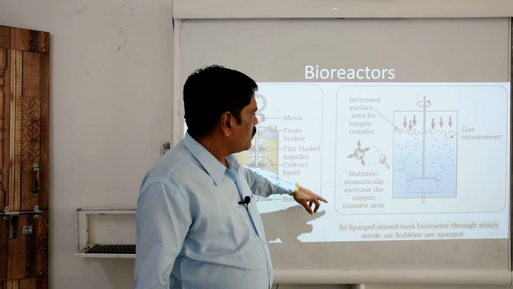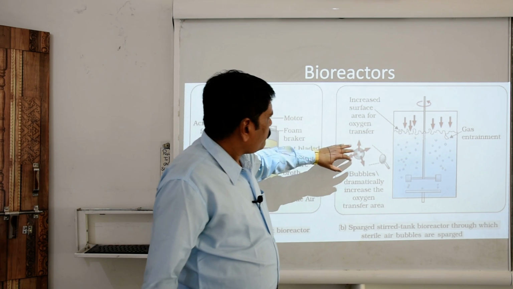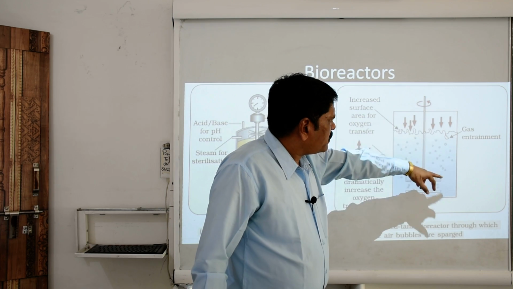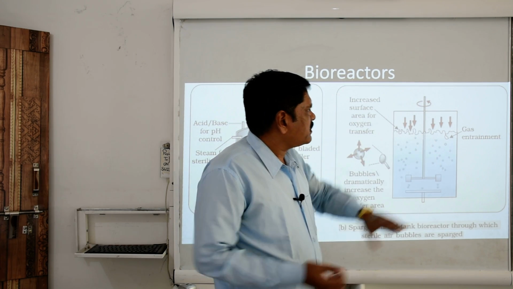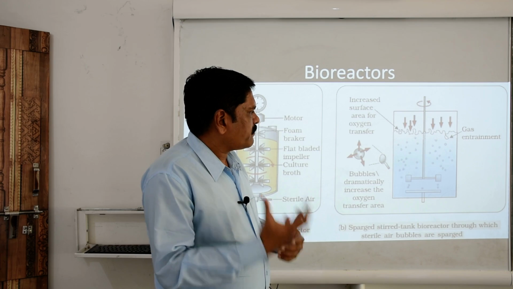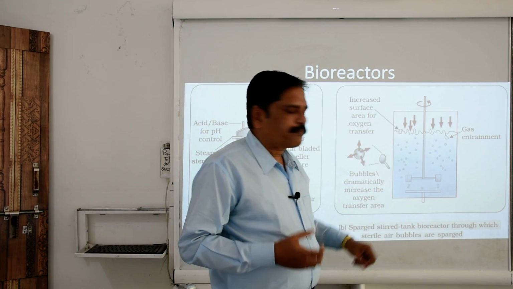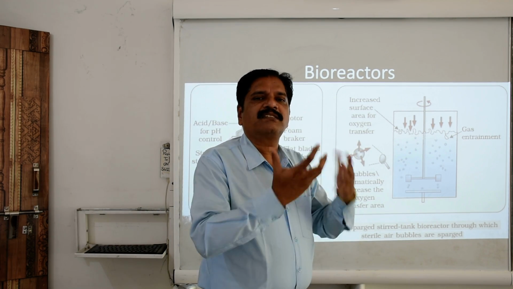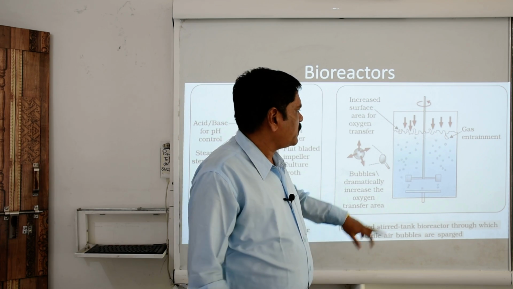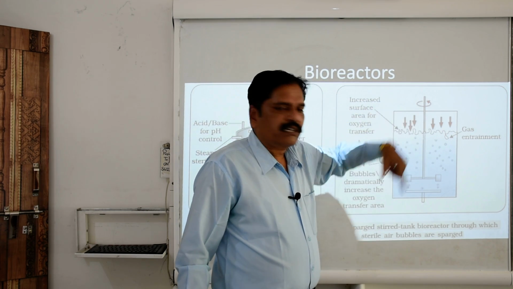In this one you can see that nothing special, but here this gas entrainment is there. That means this propeller is there, which is used to insert the air forcefully, and this rotor is there.